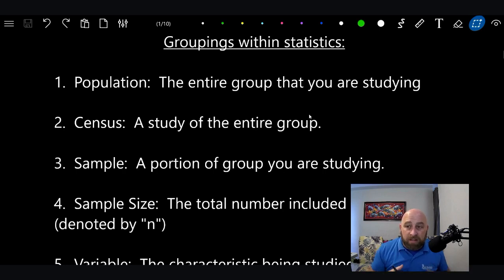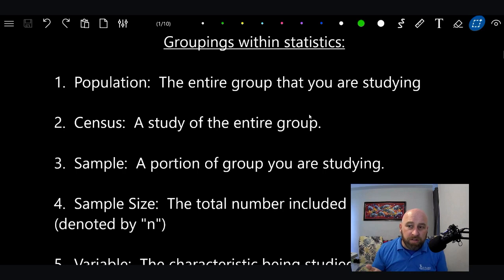What cities do they live in? Do they live in the country? How many people are in their home? All these different things are collected by the census. But they are studying the entire group. It's such a big undertaking that they only do it once every 10 years. This is not something that you want to do every day, because the population is too great in the United States to be able to poll them or ask them questions every single day.